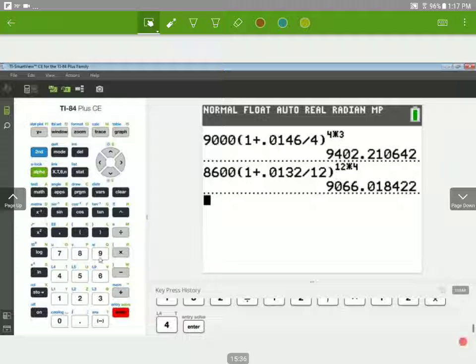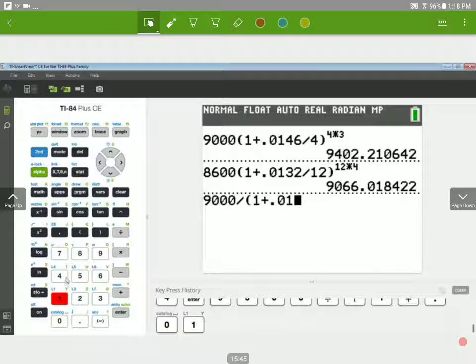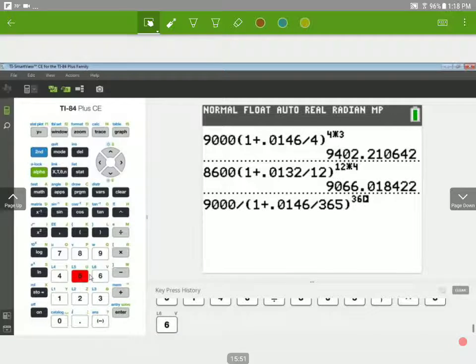9,000 divided by, instead of multiplying, (1 plus 0.0146 divided by 365 days in a year) to the 365 times 3 years.